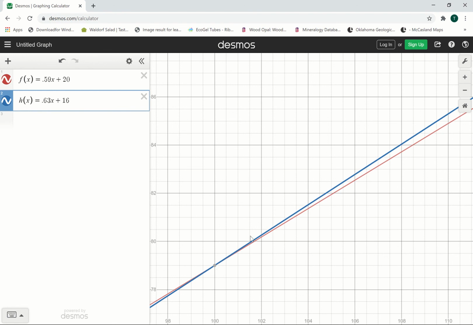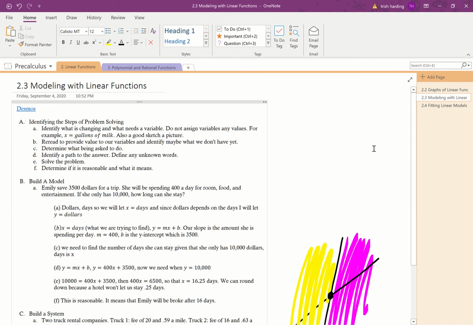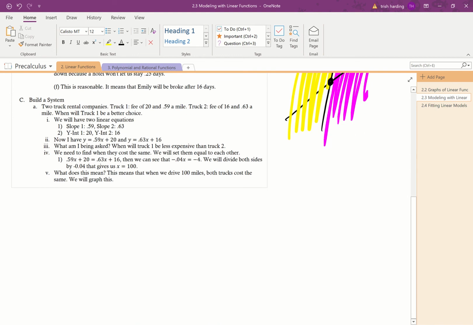So after we hit 100 miles, truck 2 is going to be more expensive than truck 1. Okay, so what does this mean? When we drive over 100 miles, and we learned this from the graph, truck 1 is less expensive than truck 2.